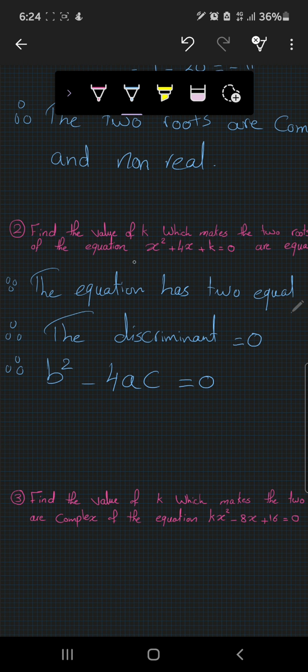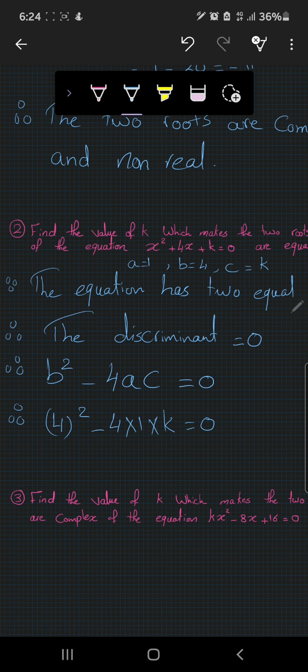Put a, b and c: a, the coefficient of x², is 1, b = 4, c = k. By substitution, 4² − 4 times 1 times k = 0.